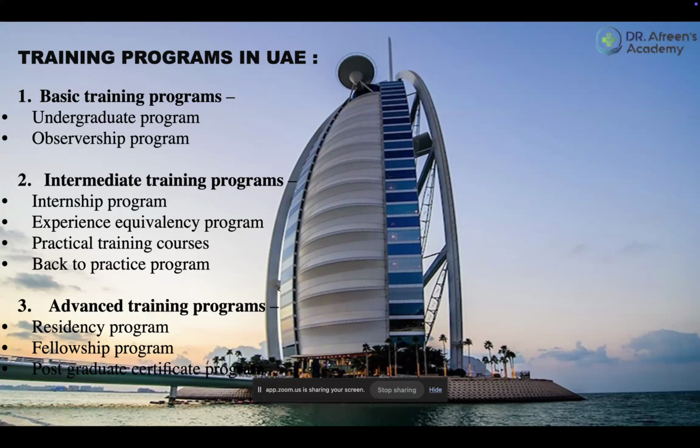These four training programs come under intermediate training programs. And lastly, you have advanced training programs, which are residency program, fellowship program, and postgraduate certificate program. But we are only interested in the internship program today from the intermediate training program. So let's only stick to that for today.